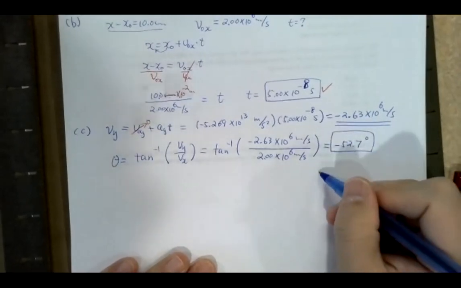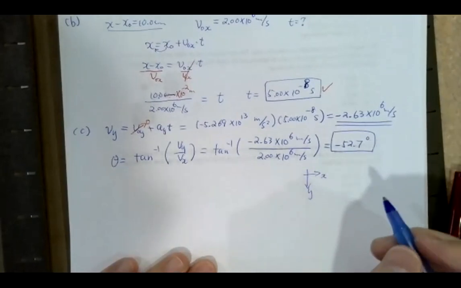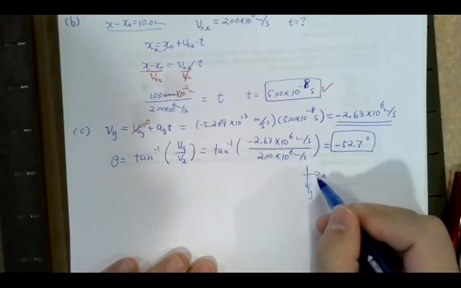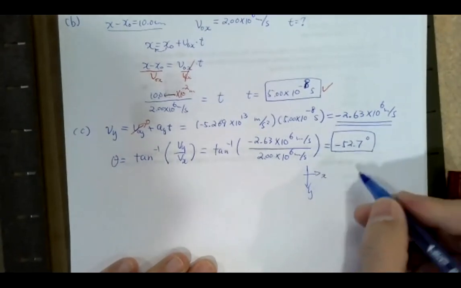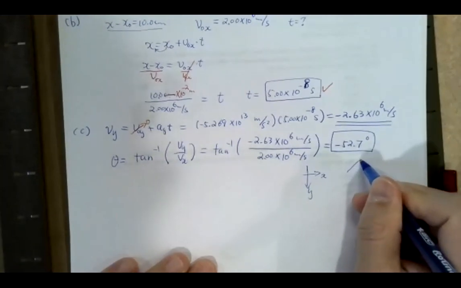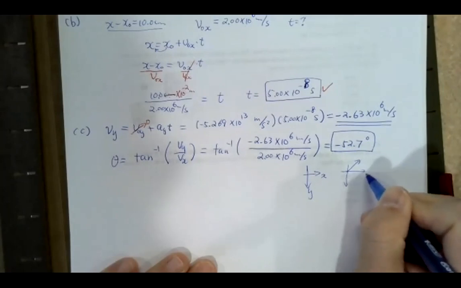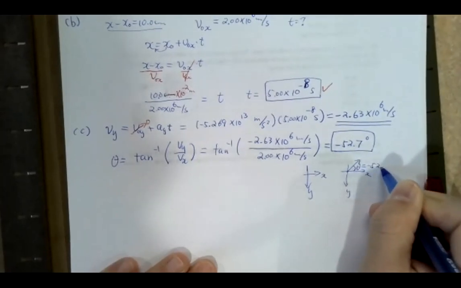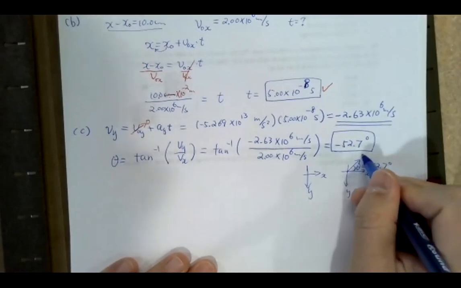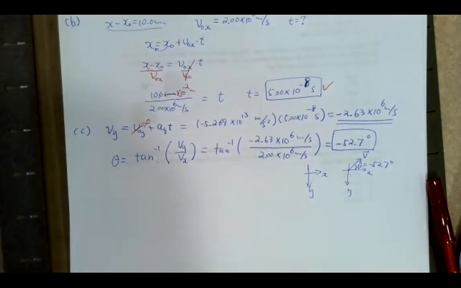All right, so that means, because this is your x and y coordinates, right? So in this sense, minus means below x. So this will be your direction. Positive x and y, this is the minus 52.7 degrees, okay? That's your velocity at that moment, okay?